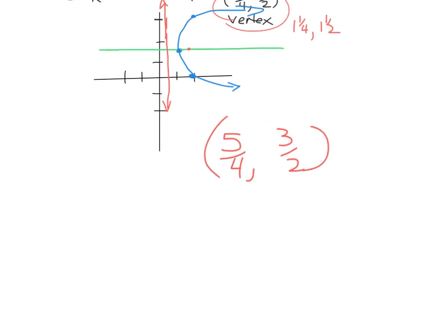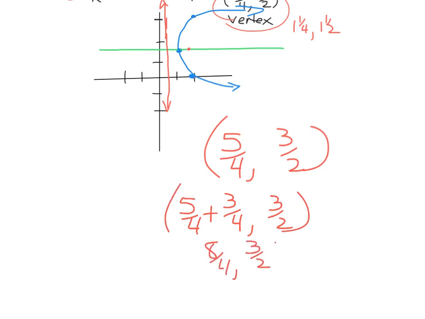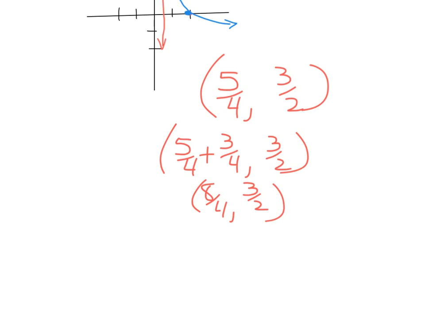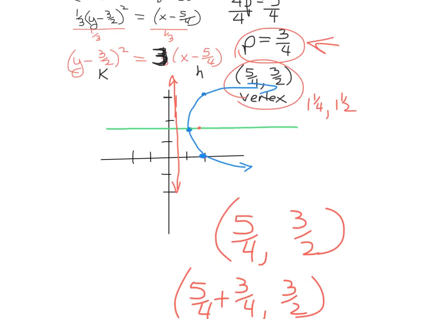So for the new focus point, I'm going to do 5 over 4 plus 3 over 4, and this will give me 8 over 4. So we're going to see that the focus is going to be at the ordered pair 2, 3 over 2. Let's see where I put it. 2, so 2 and 3 over 2.